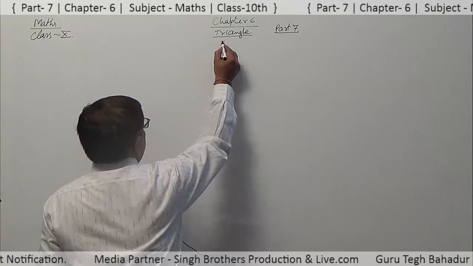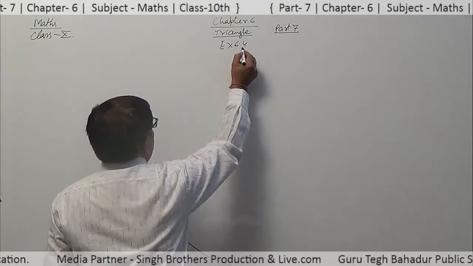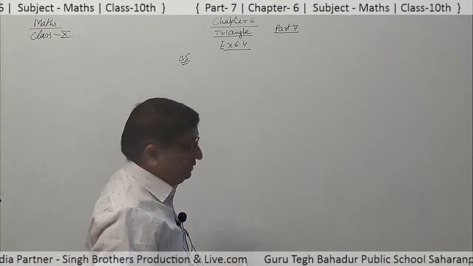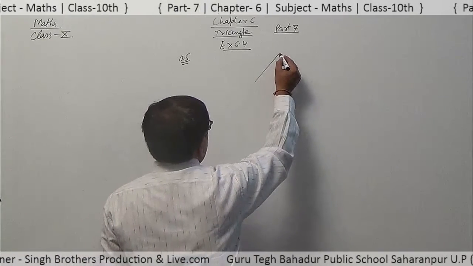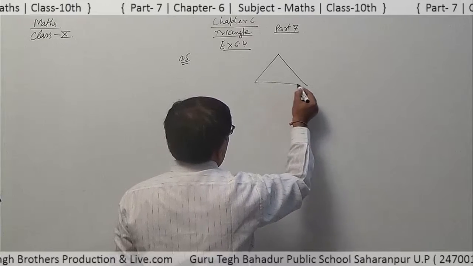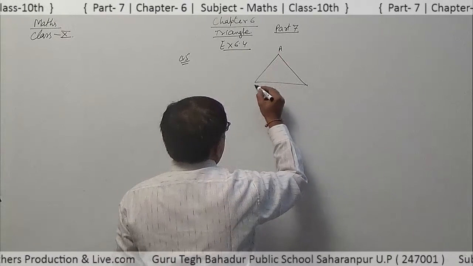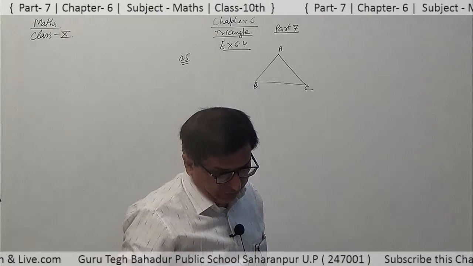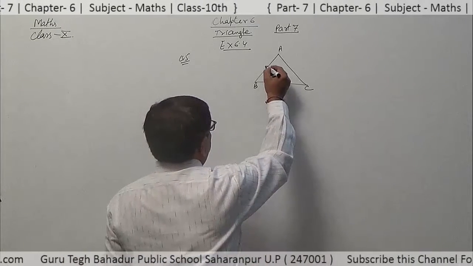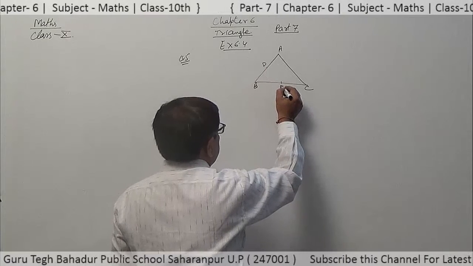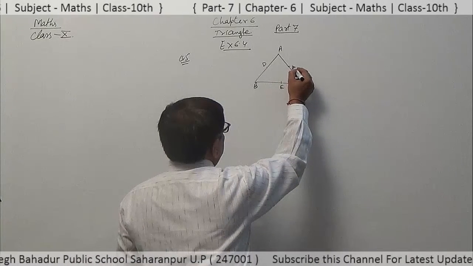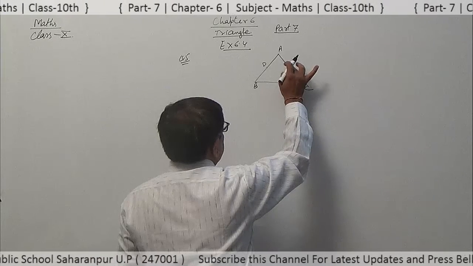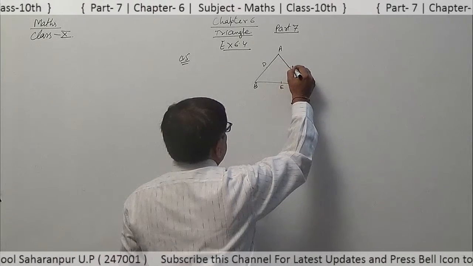This is exercise 6.4, question number 5. ABC is a triangle. D is the midpoint of AB, E is the midpoint of BC, F is the midpoint of AC.